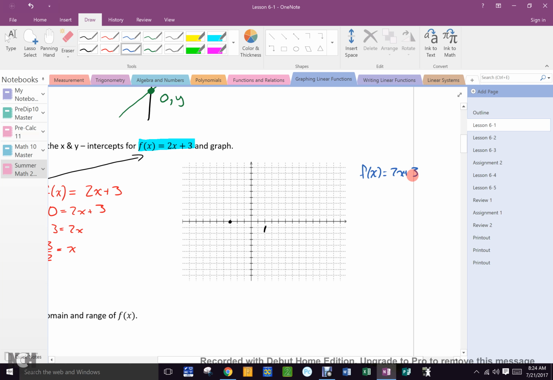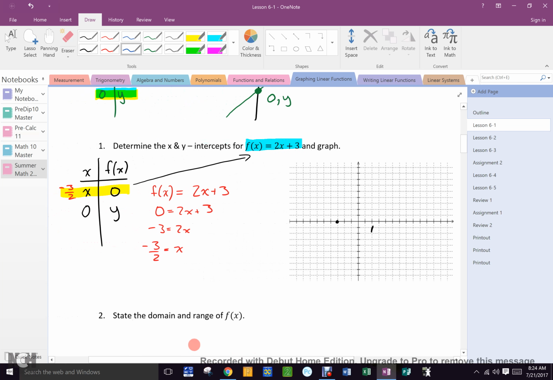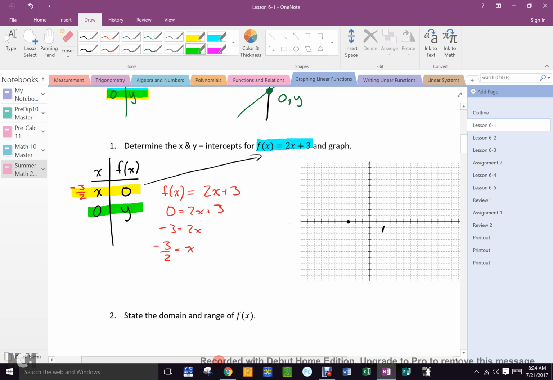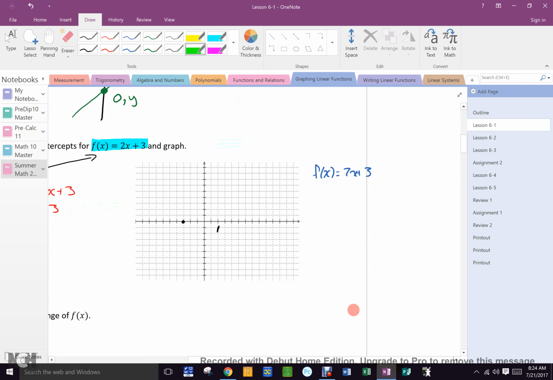Yes? All right. What can I put in that one? X is now 0, yes? So I can come over here, and I want the f of 0, which is what? 2 times, what do I put there? 0 plus 3, correct?